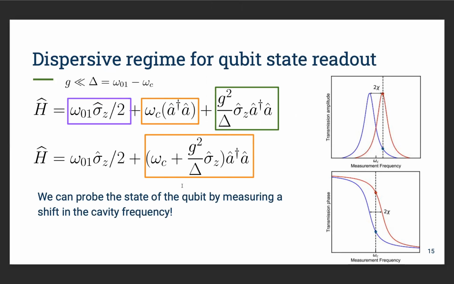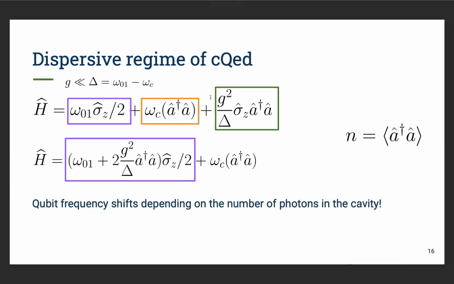We could have done this a little differently though, and instead grouped those terms onto the term of the Hamiltonian that describes the qubit. Now you can see that the qubit's transition frequency is dressed by the number of photons actually in the cavity. So this a dagger a here is the number of photons in the cavity.